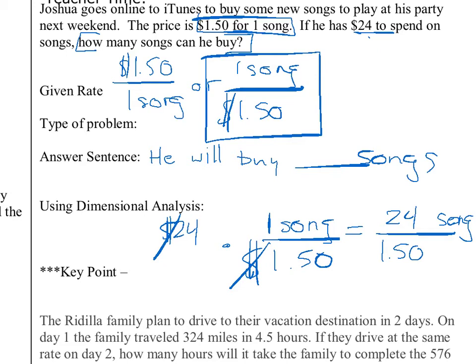Okay? So again, we don't need to be able to do this today. However, I want you to understand that it's the units from the answer. That's where we always start. And then we choose one of these rates that we've written, okay?